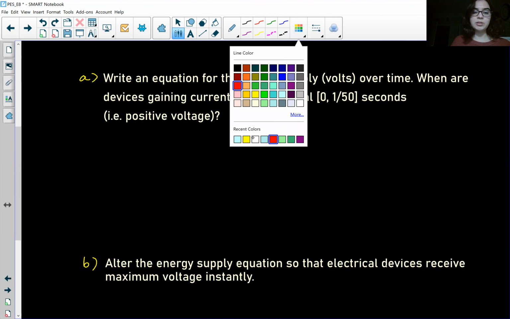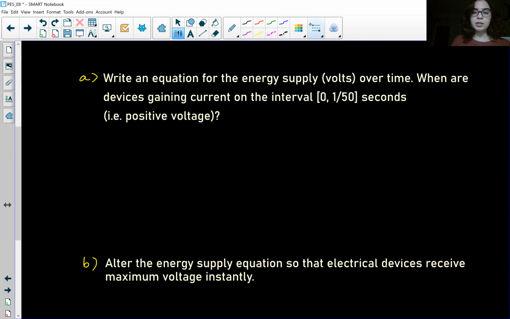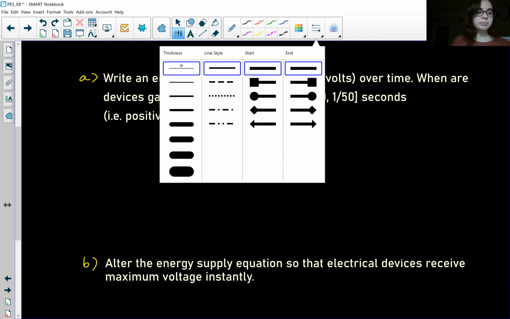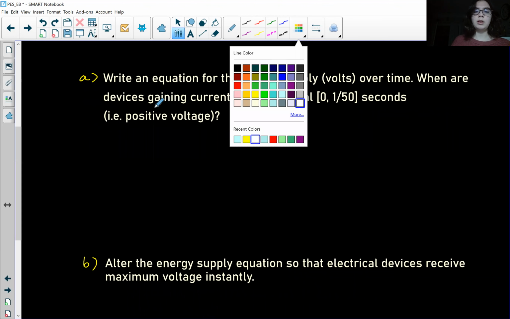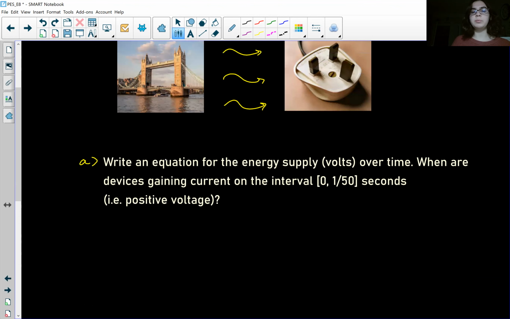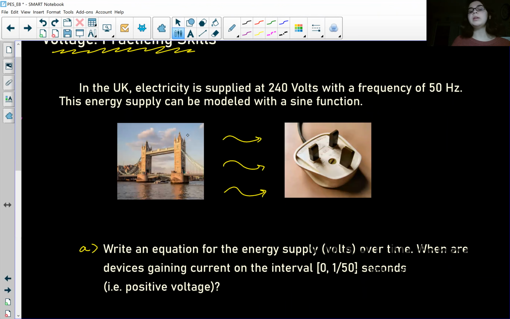All right, so let's start by constructing our function. I don't think it was very obvious in the prompt, but if it's supplied at 240 volts, it just means that that is your maximum voltage. So for the sine curve, it's going to reach 240 at a maximum, pass through the midline, which is 0, and then it's going to go down to negative 240.